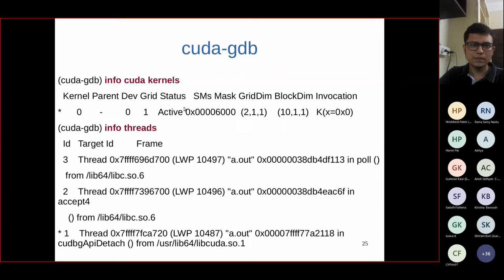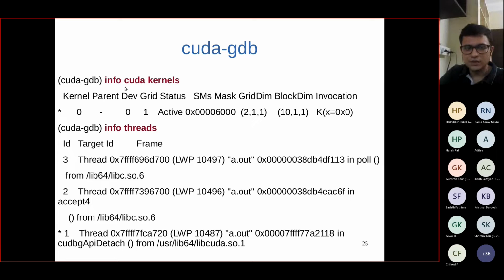Using cuda-gdb, we can also print information related to kernels. So when I type info cuda kernels, it will give the information related to all the kernels that are currently running. It is printing that this kernel 0 has no parent, and what is this dev?